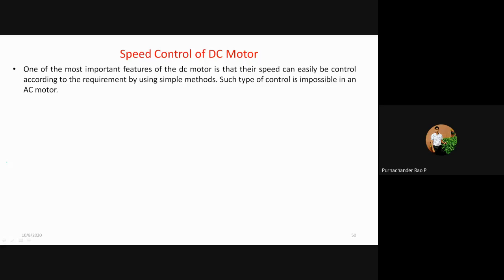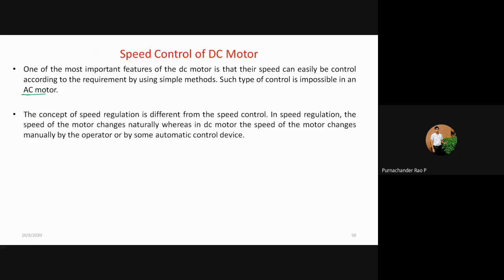In the case of DC motors, a wide range of speed control is available with the help of voltage, resistance, and flux, because the speed is proportional to the applied voltage, the armature voltage, and the flux. But this is not possible in the case of AC motors. AC motors always run at a constant speed, so speed control is not possible for AC motors.